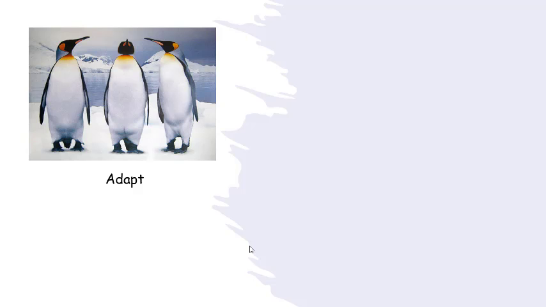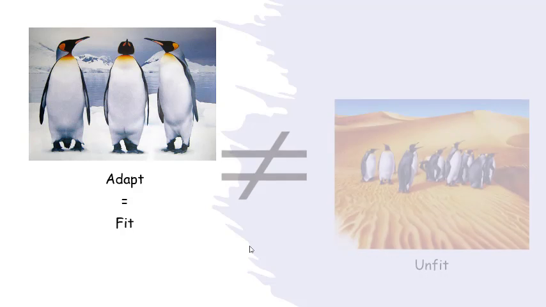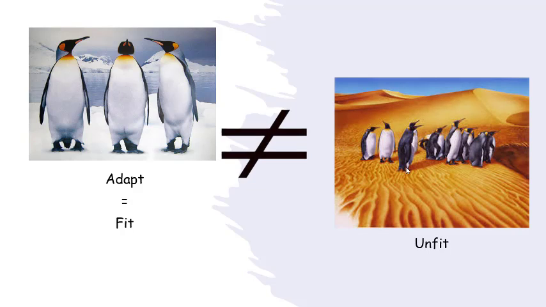Adapt. And the synonym of adapt is to fit. Like here, penguins can adapt to the cold weather. They can fit in the cold weather. And the antonym of adapt is unfit. So here, can the penguin fit in the desert? No, they are unfit in the desert. And the next word, accurately. And accurately means exactly. I put the dart in the middle accurately.